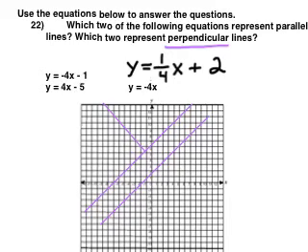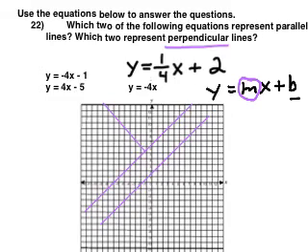You don't even have to graph them. You put them into the y equals mx plus b format, where b is the intercept, but the important thing is the m here. That tells us what our slope is. So we can compare these four lines now.